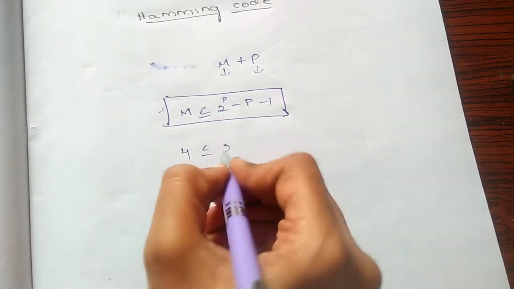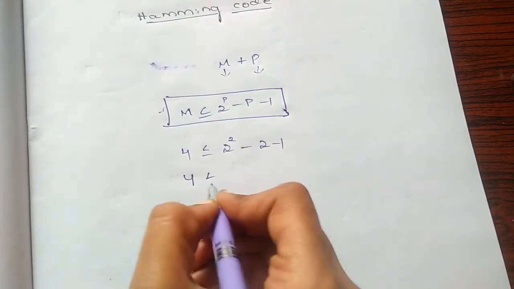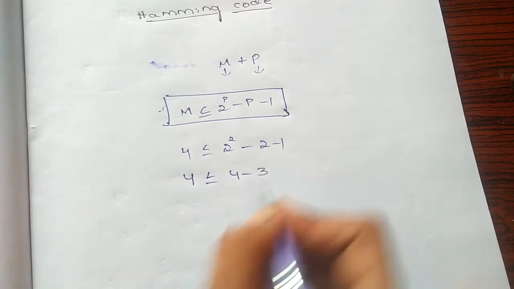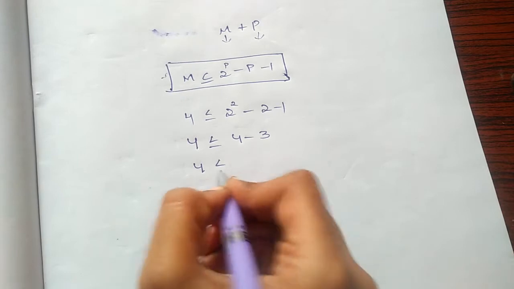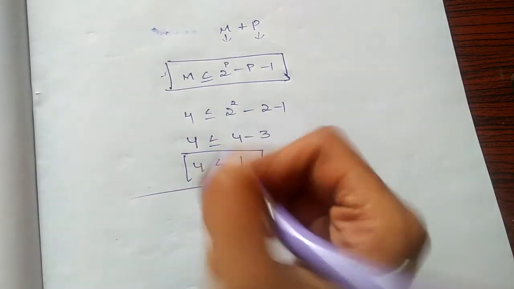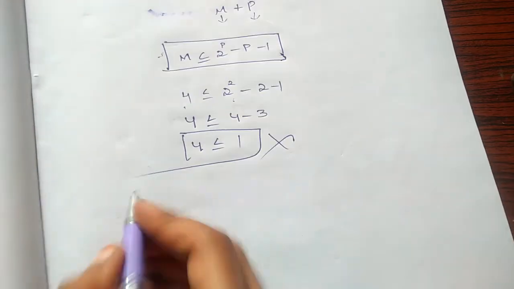For example, if you are sending 4 message bits, and if you would like to send 2 parity bits, 2 power 2 minus 1, 4 less than or equal to 4 minus 1, 4 less than or equal to 3. Is it satisfied? No. So can we send 2 parity bits with 4 message bits? No. Then how many?